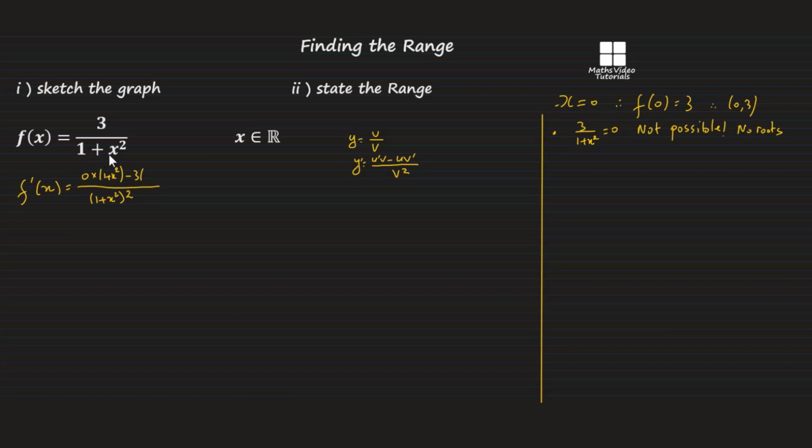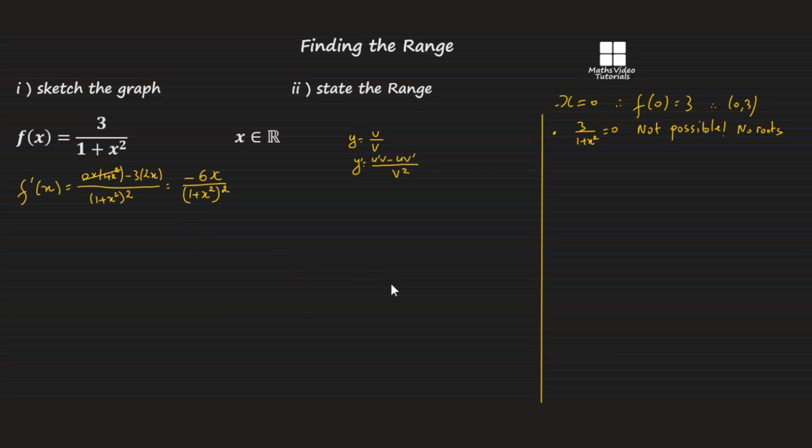Differentiating the denominator gives us 2x. So f dash of x is negative 6x over 1 plus x squared, all squared.